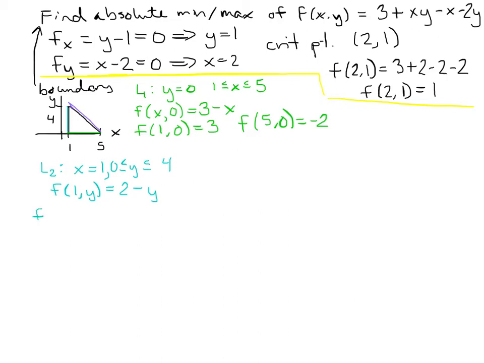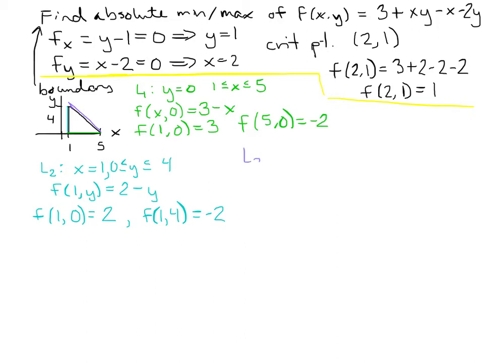So I'm going to find the value of the function at, x is 1 for all of these, at 0, and the value of the function at 1 for all of these, and at y equals 4. If I plug in 0 for y, I get 2. If I plug in 4 for y, I get negative 2. All right, so I've got all these different values here. We'll look at those in just a minute, but let's look at that third line first.